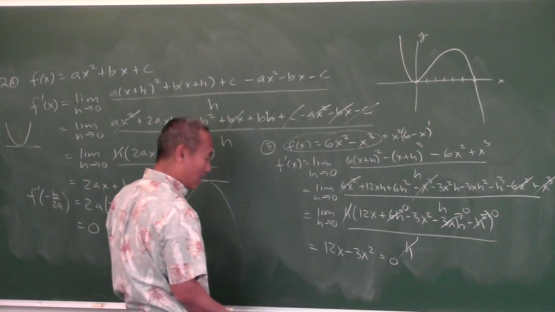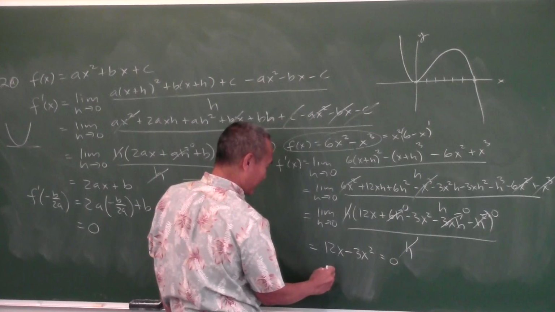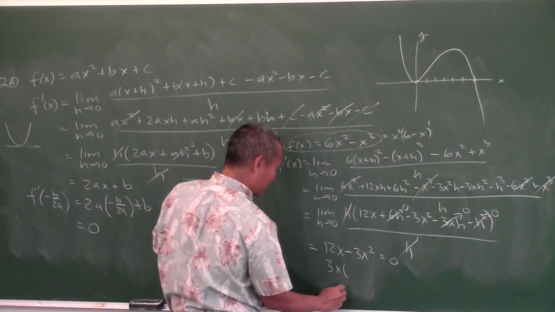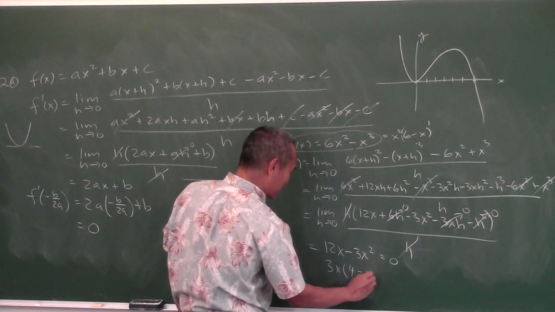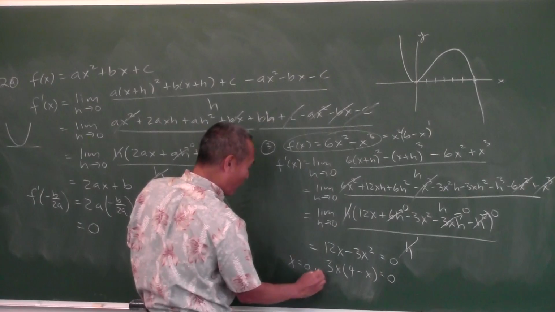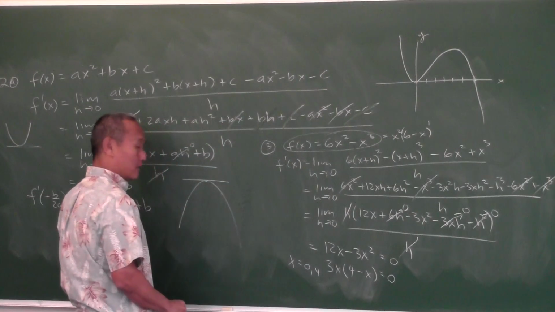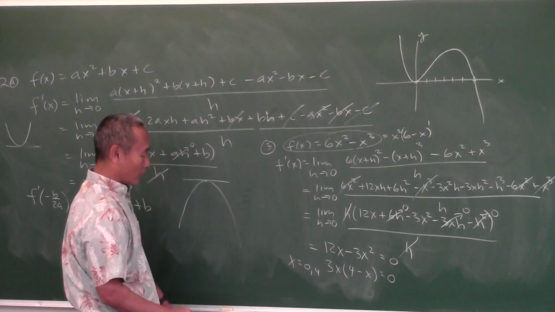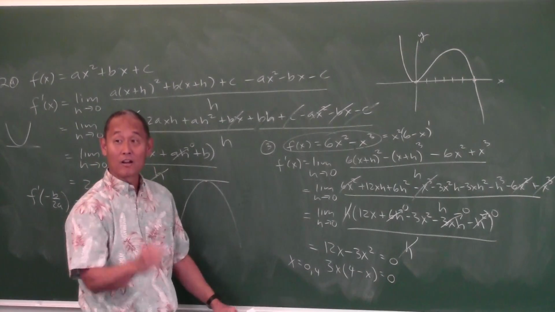I make it equal to 0. How do I solve this equation? Factor. Factor out a 3x, and what's left? 4 minus x. So the solutions are x equals 0 or 4. So that means when x is 0 or 4, the slope will be 0.